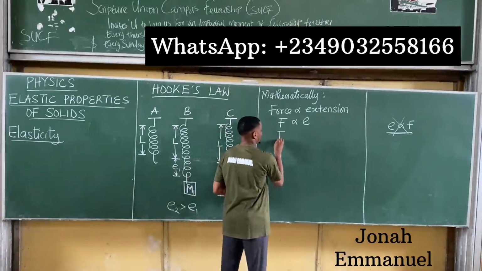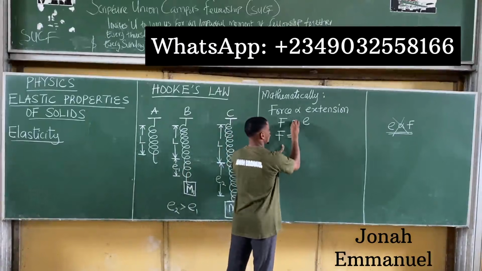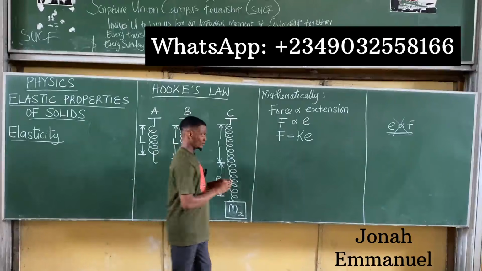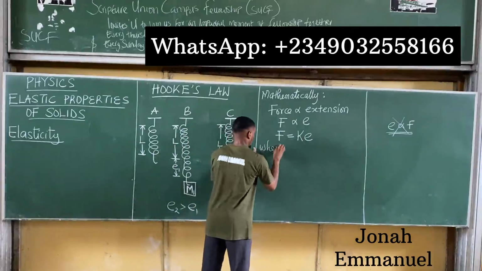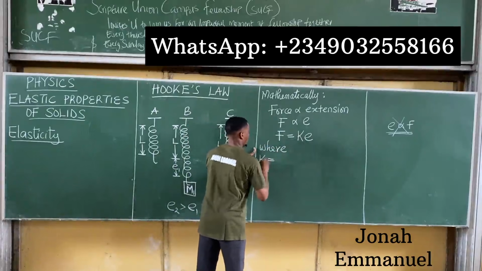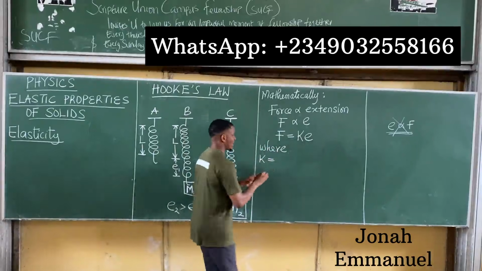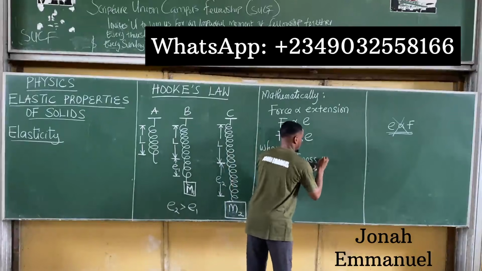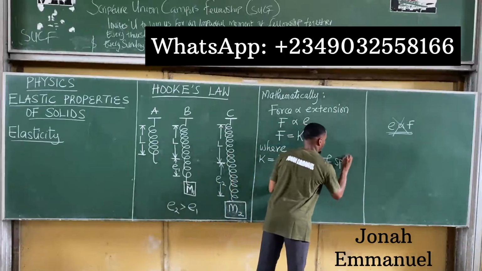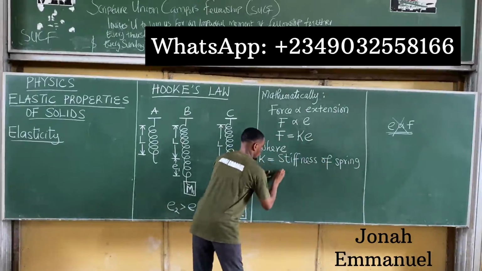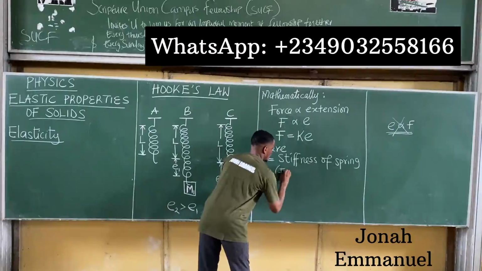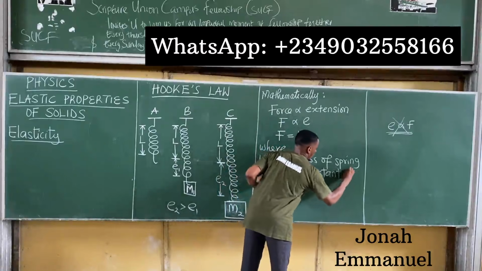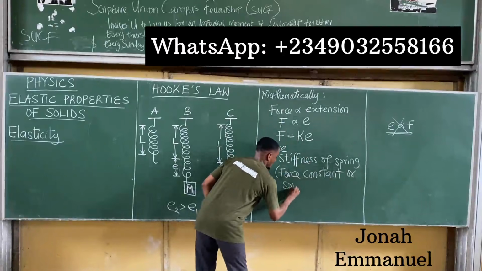So F equals K times E, where K is a constant of elasticity known as the stiffness of spring, also called spring constant, or force constant.